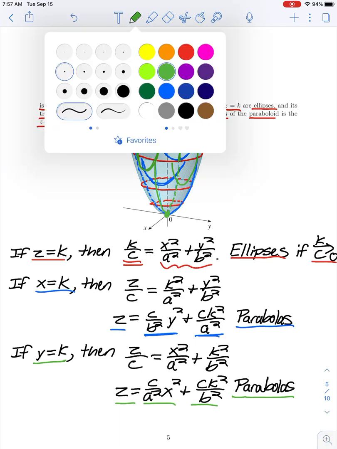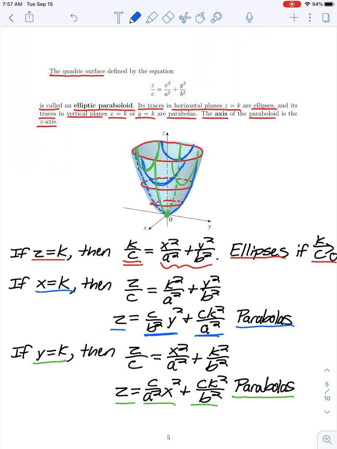Now, one other thing I want to stress here is the axis. In this example, we would say the axis of this paraboloid is the z-axis. Our surface looks like a parabola, but in 3 dimensions, and it's opening upward along the positive z-axis. It's centered about the z-axis. Now, how can we determine which axis we're centered about? It would be the axis corresponding to whichever variable is not a quadratic.